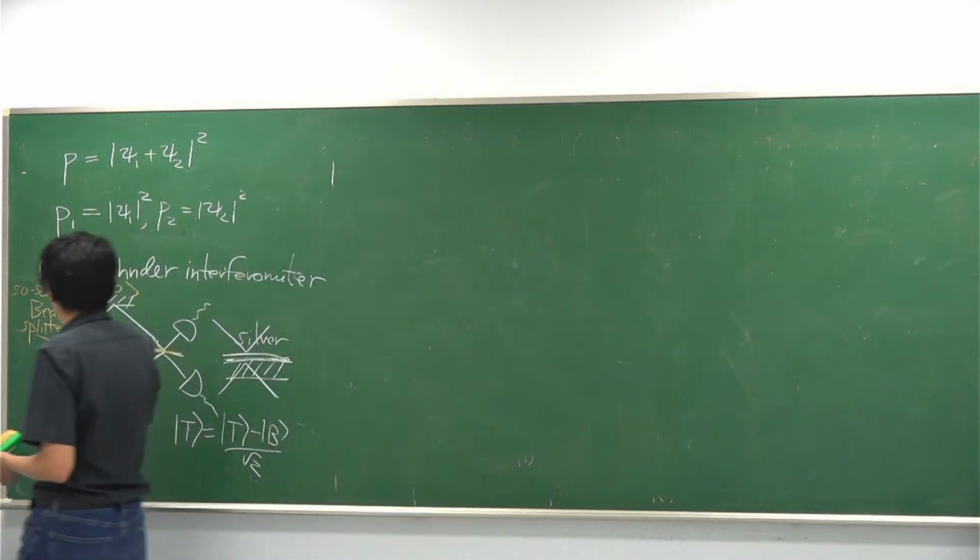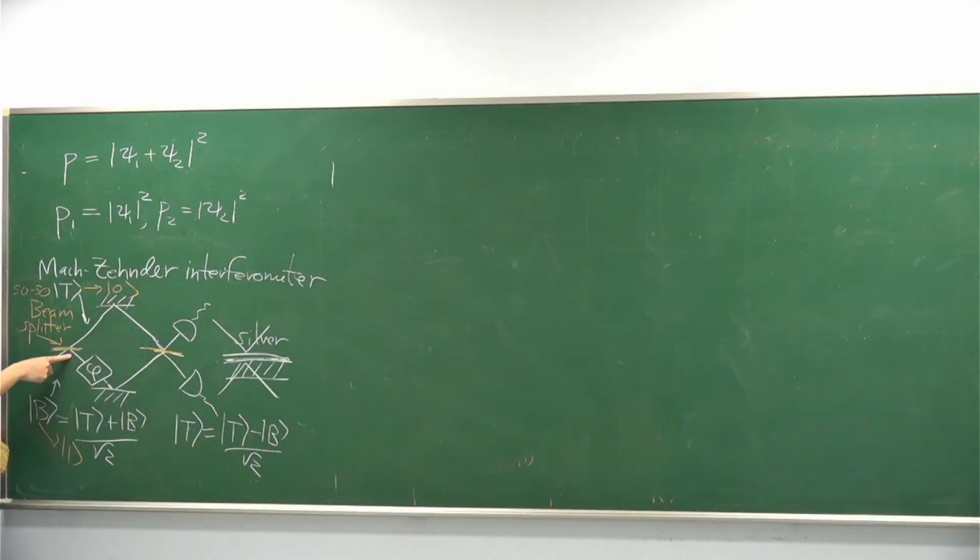For example, if I want this beam splitter to be the Hadamard gate, I would want this to have a minus sign instead, right?